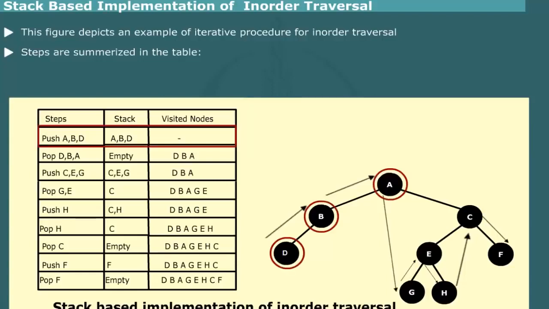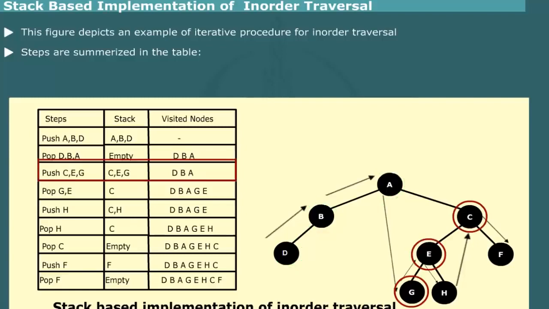Push A, B, D, pop D, B, A, push C, E, G, pop G, E, push H, pop H, pop C, push F, pop F. Finally, the in-order traversal is D, B, A, G, E, H, C, F.